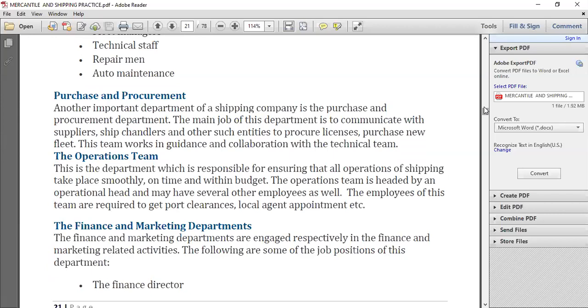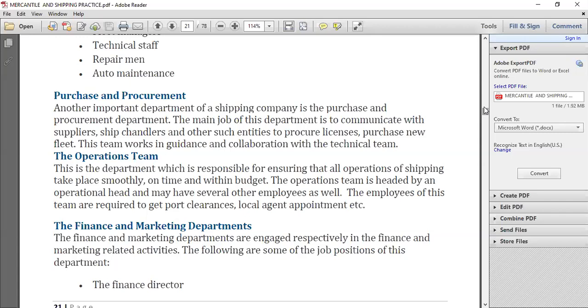Their main job is to communicate with suppliers, ship chandlers, and other such entities to procure licenses, purchase new fleet. And this team works in guidance and collaboration with the technical team.